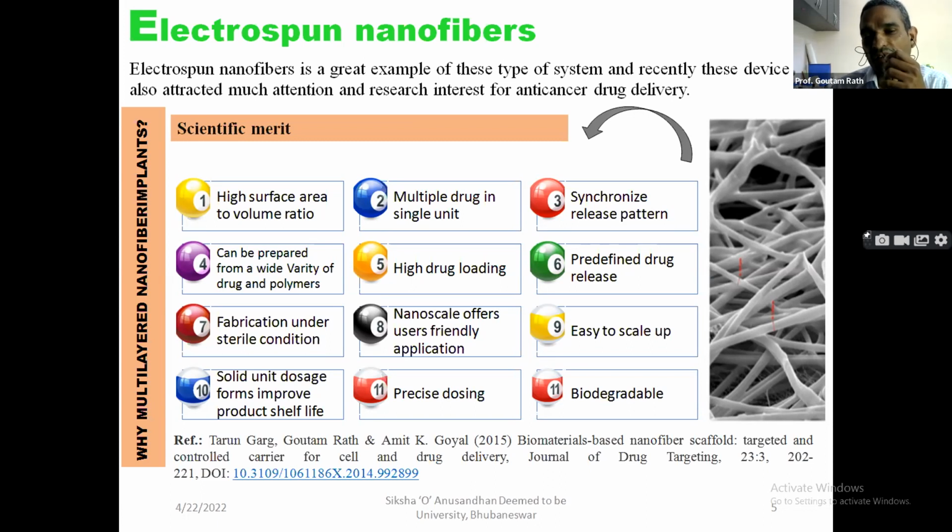And biodegradability is not a property that is directly related to nanofiber. It is related to the property of the polymers. Which polymer we are selecting to prepare the nanofiber? Usually, if nanofibers are used for drug delivery, definitely we have to select those polymers which are biodegradable in nature.